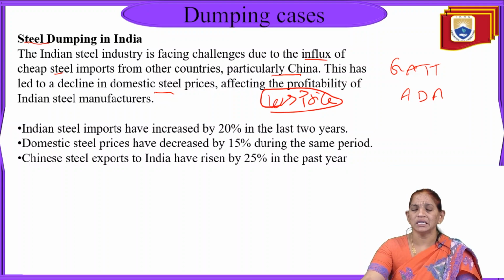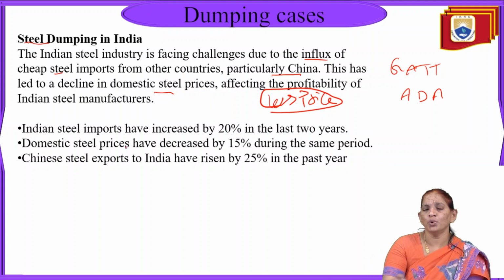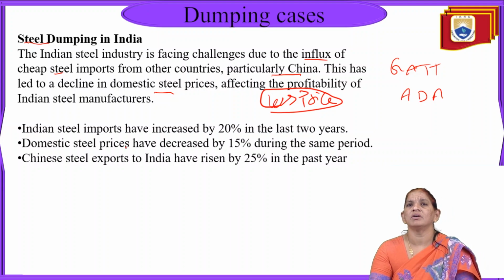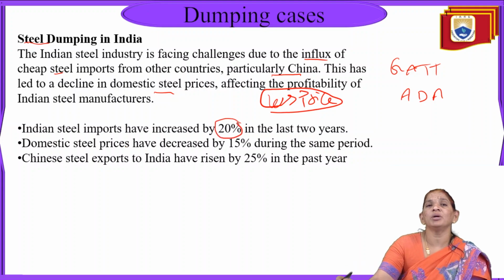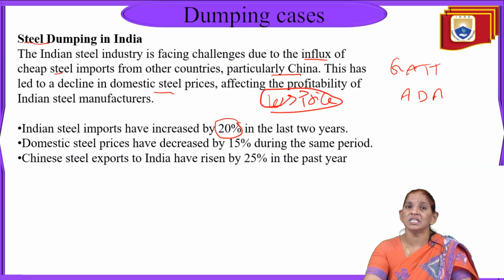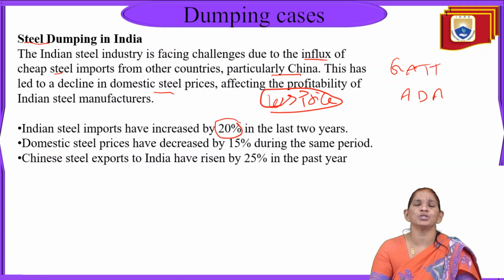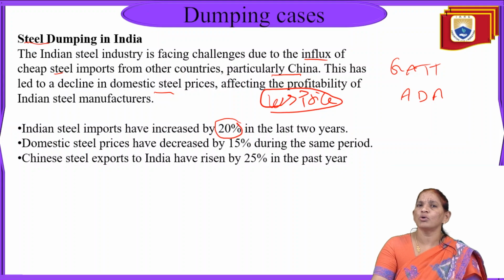For that, we'll see that Indian steel imports have increased year by year over the last couple of years or decades. We identified that India's need for steel increased by 20%, due to the expansion of infrastructure facilities, construction and the developing nature of the Indian context.